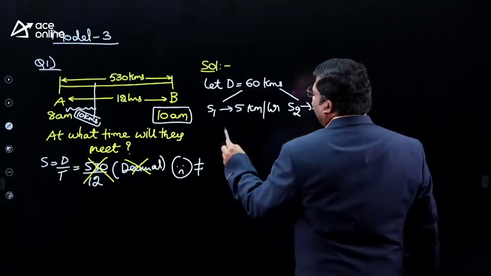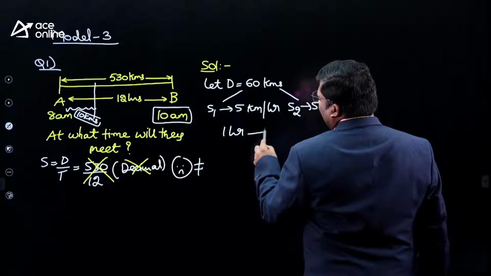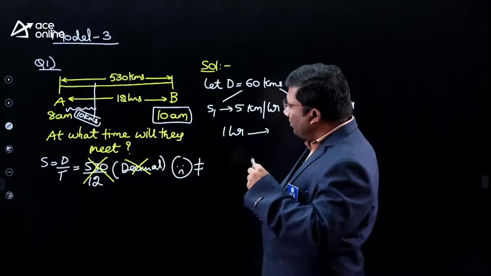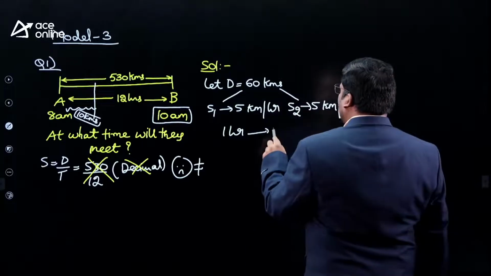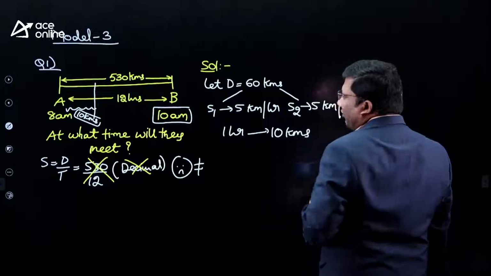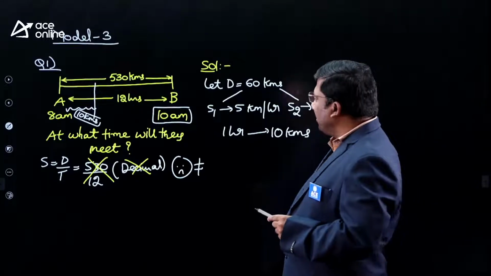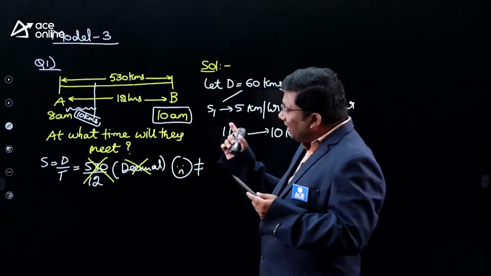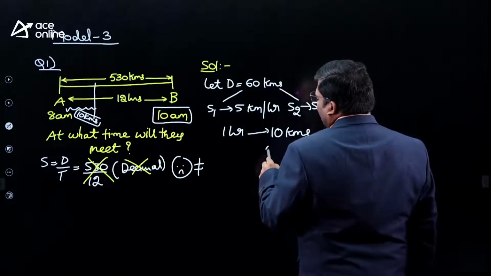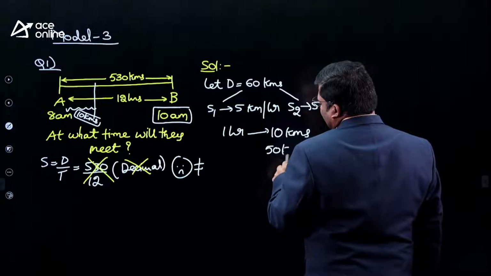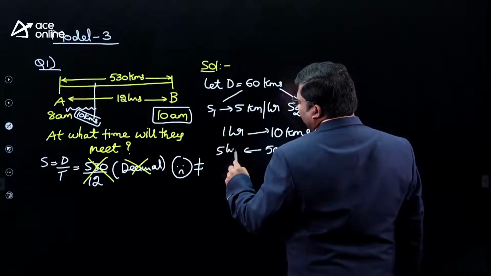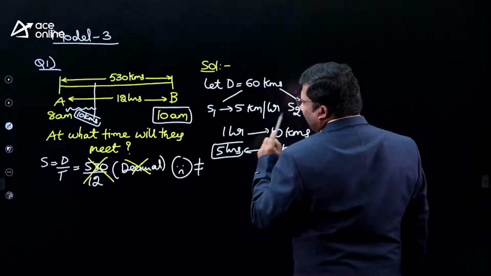After 1 hour, 5 kilometers from left to right and 5 kilometers from right to left, so after 1 hour the gap closes by 10 kilometers. But out of 60, 10 kilometers already traveled. How much is remaining? 50 kilometers is remaining, so they will meet after 5 hours.